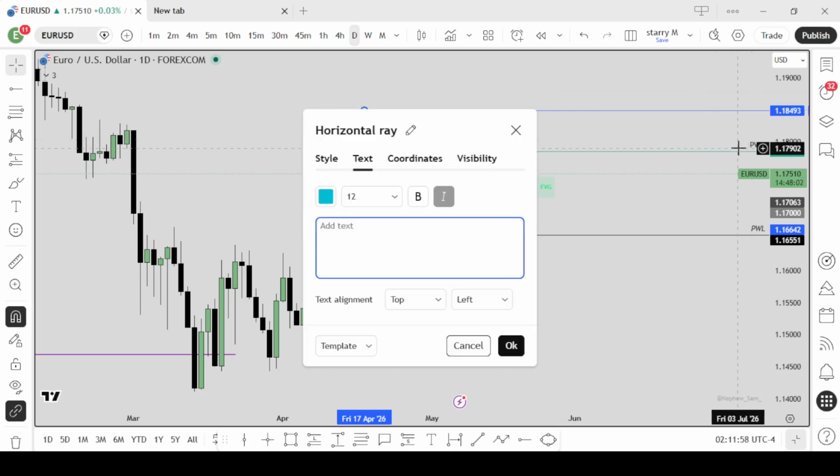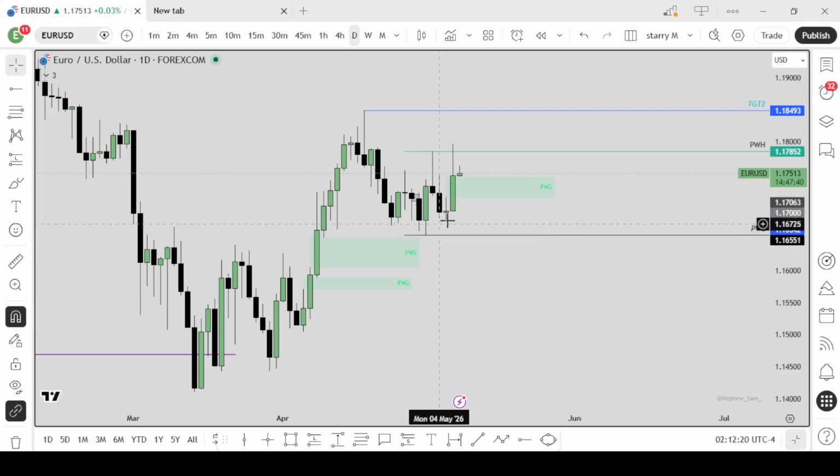Although prior week high was our initial target, this can be target too. And the fact that we have formed a higher low, and this is also a higher high, so we are currently bullish. We've currently resumed the trend on the 1 hour, on the daily.